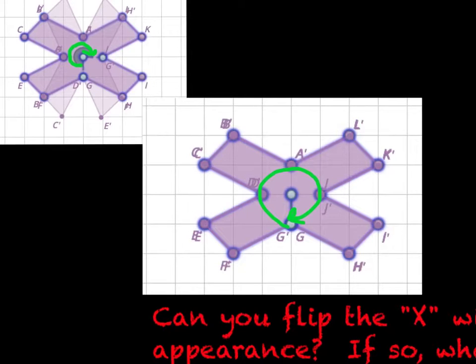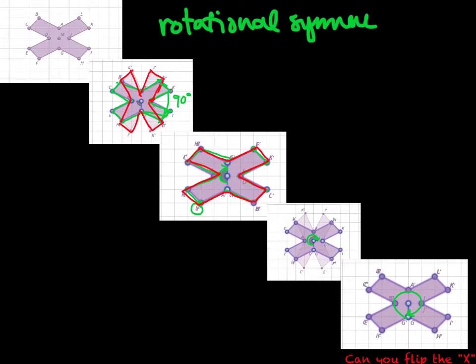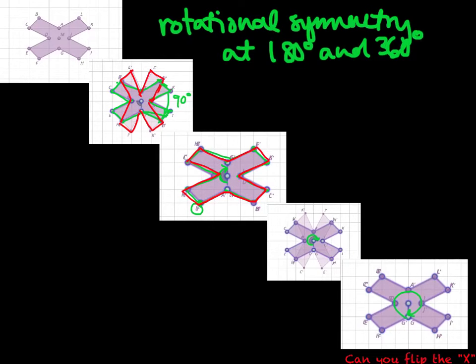So this particular X has a rotational symmetry at 180 degrees and at 360 degrees. It doesn't have any other rotations in between that.